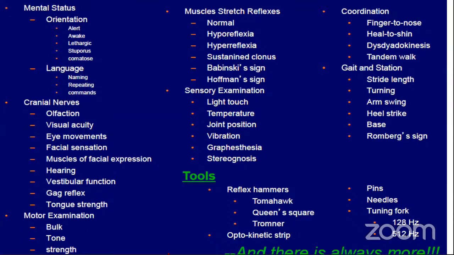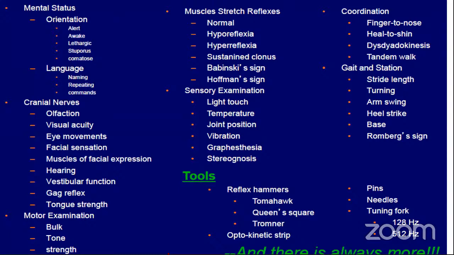Then the examination of the muscular system, which has bulk, tone, strength assessment, along with the muscle stretch reflexes, the deep tendon jerks, where they are hyporeflexic, and where superficial reflexes are present. This is the examination which will teach you.